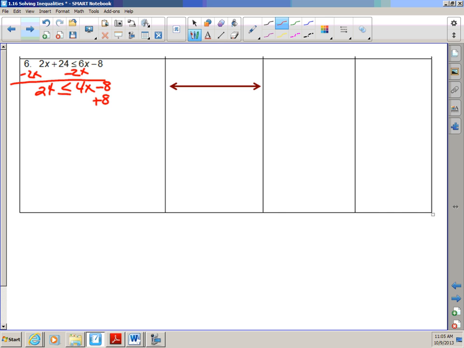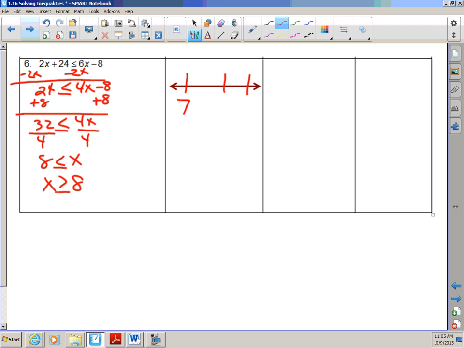No choice but to add 8 now. 32 is less than or equal to 4x. Divide by 4. You would read this as x is greater than or equal to 8. Go to my number line. Sorry that my hashes aren't symmetrical, but doesn't matter. Greater than, going to the right. Okay.